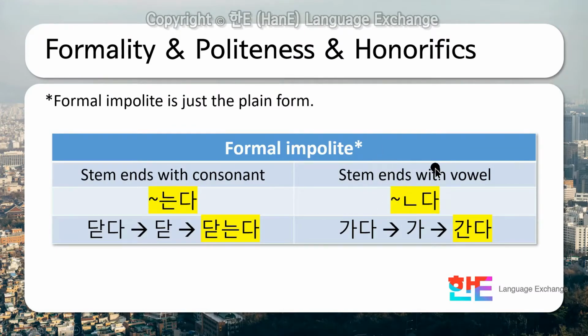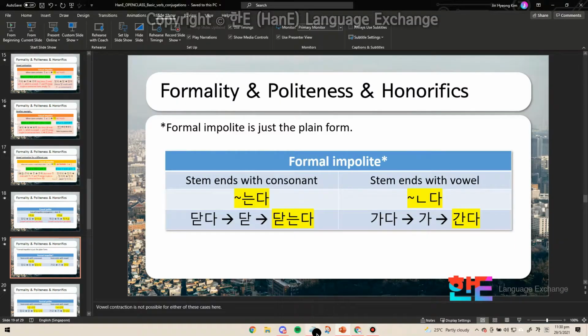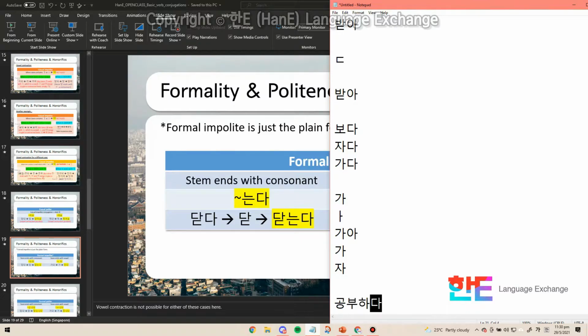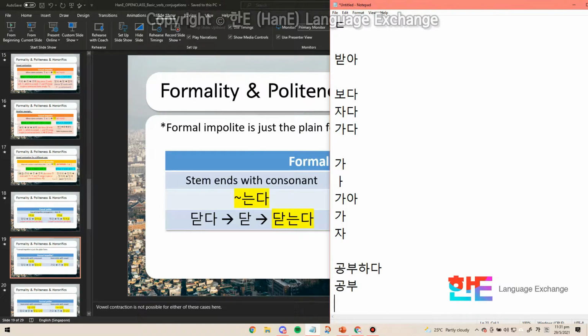And for this, the same thing applies, because 하다 ends with the vowel in terms of the stem. Let me give you an example. 공부하다: some native Korean speakers sometimes think that the stem is just 공부, but that is wrong. The fundamental rule of getting the stem is just removing 다, because the stem is only used for conjugation. We're not going to talk about whether it's a noun or whether it's grammatically correct. We're never going to use a stem in its pure form.